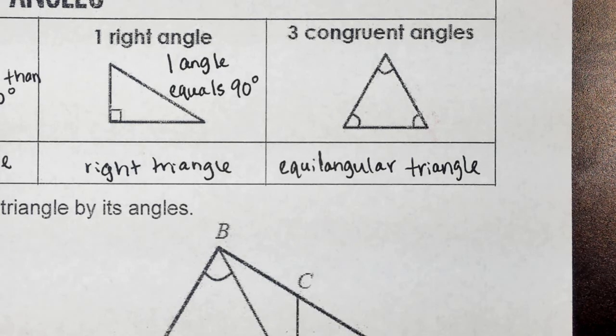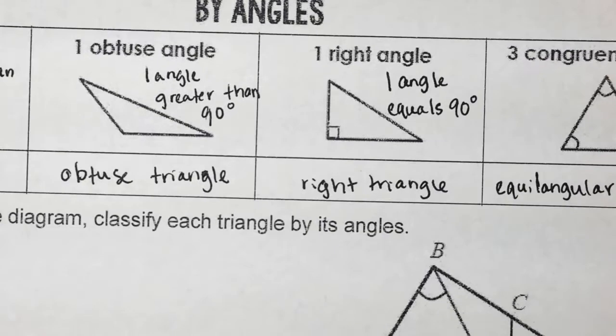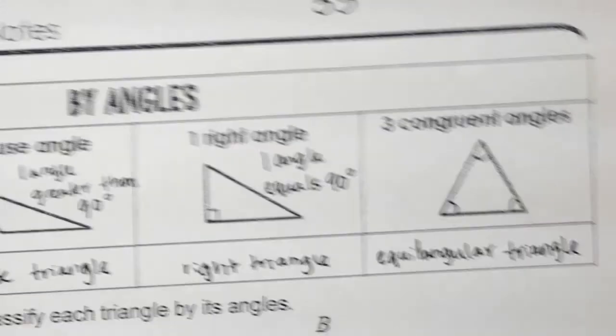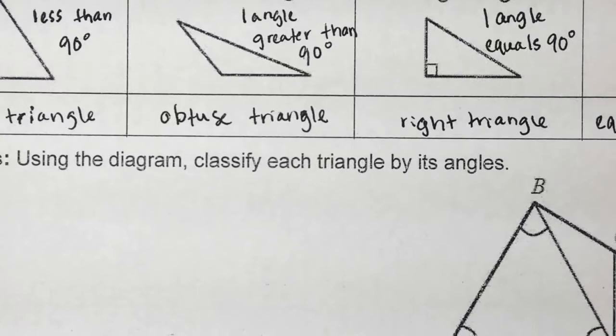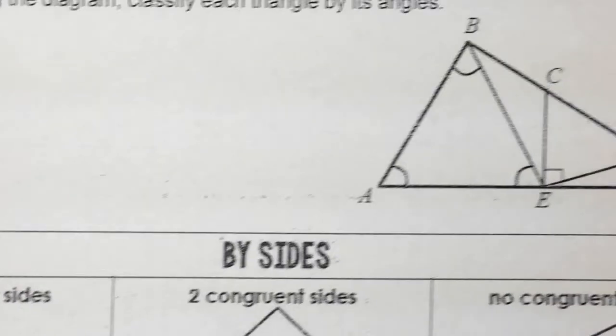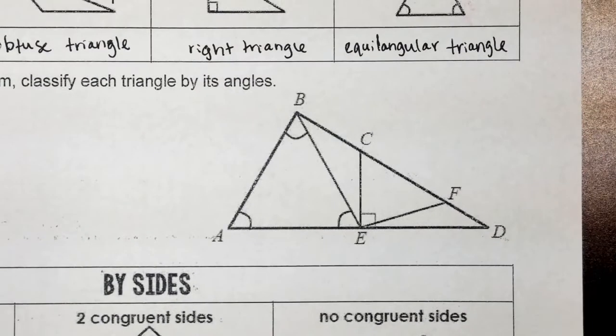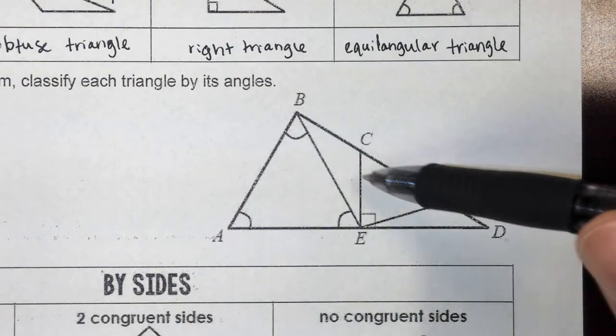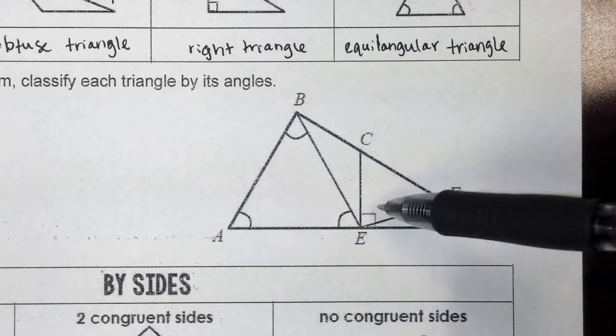Based on that, let's answer these questions down here. Using the diagram, classify each triangle by its angles. So in this diagram down here, let me zoom out a little bit. You got a whole bunch of triangles connected here. You got one big triangle, then you got a bunch of little triangles inside.